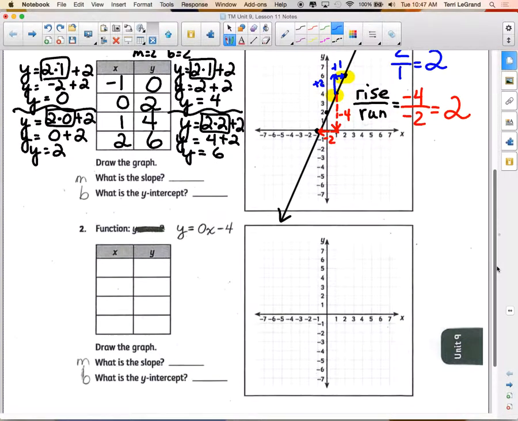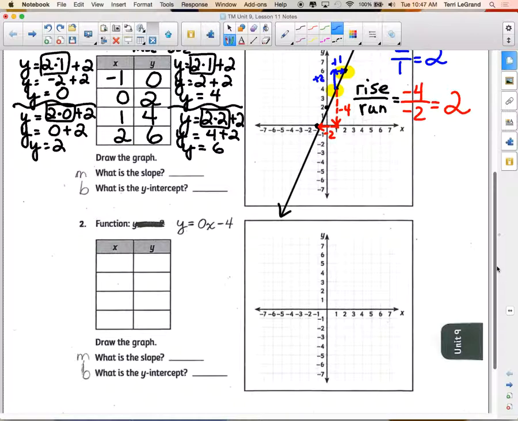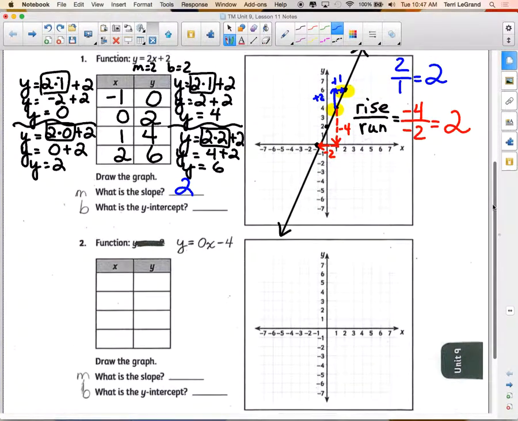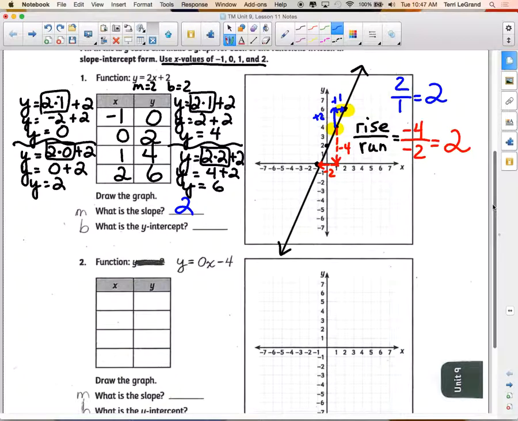Okay? So now, what is the slope? Well, we said we found it to be 2, didn't we? Well, then the question is, what is the y-intercept? So in other words, we're using our graph right now to say, oh yeah, we got a slope of 2, and the y-intercept, remember, is where it's crossing the y-axis. What's the y value where it's crossing the y-axis?